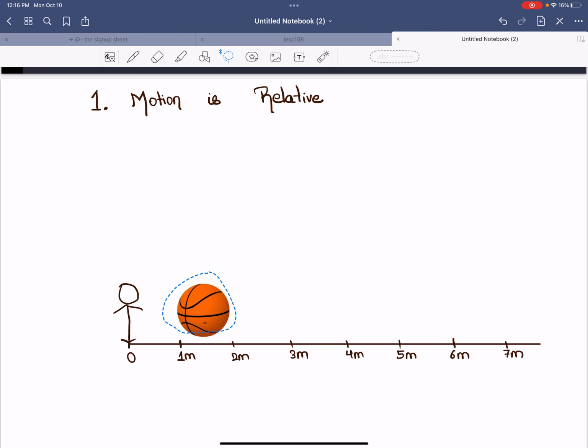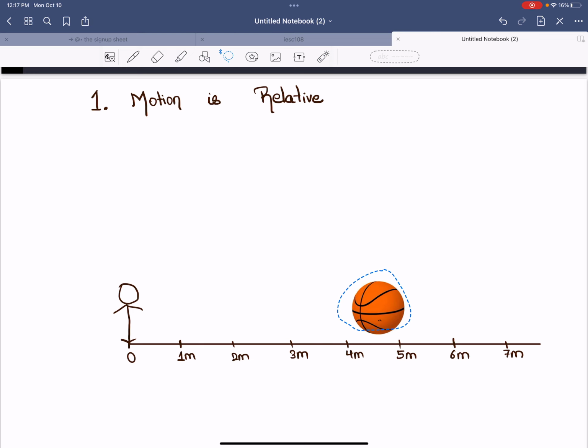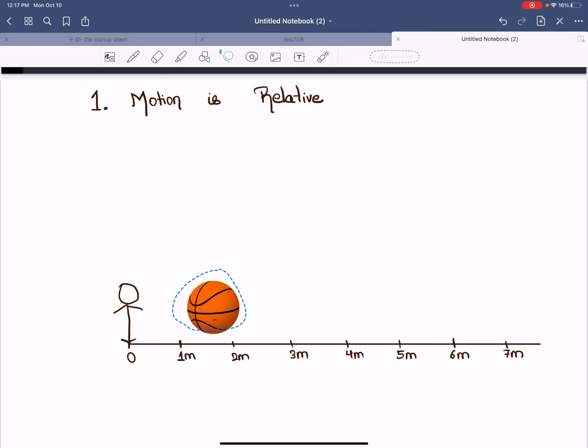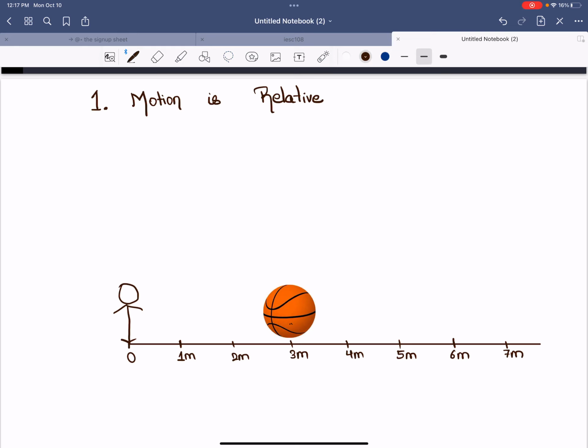Either it's coming close to you or it's going farther away from you. Initially it was at 3 meters from you, now it's at 4, now it's 5, 6, 7, now it's coming close, and going back. So we say something is moving when it changes its position or location with time.